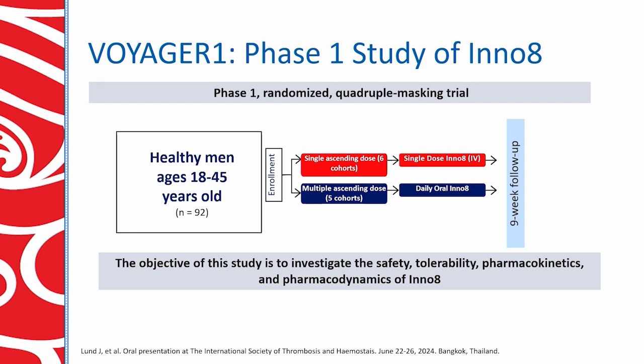Of course, there is a program planned called Voyager, a phase 1 study of INNO8, where healthy adult men will be randomized to be treated with ascending doses intravenously and ascending doses orally.